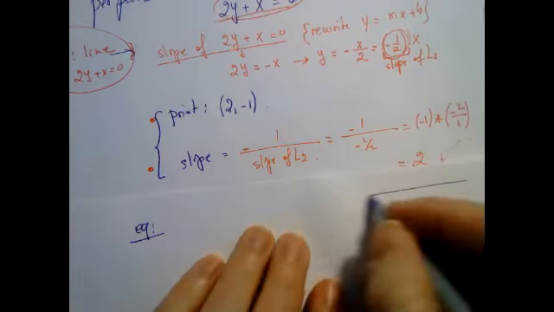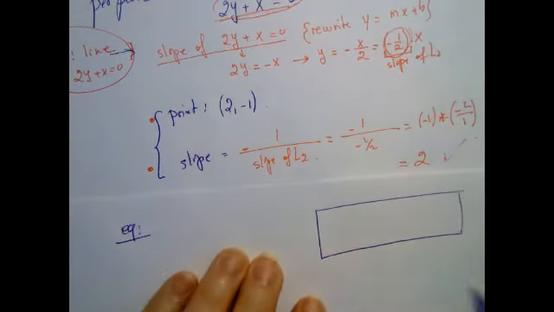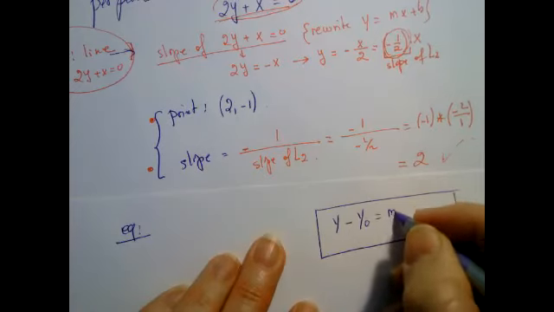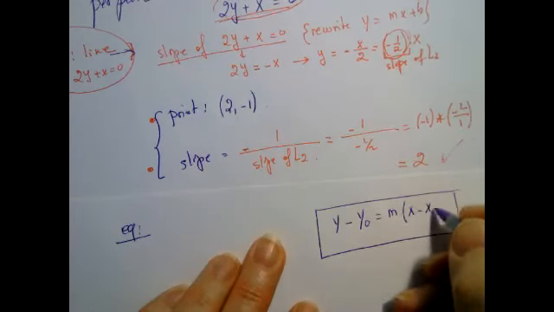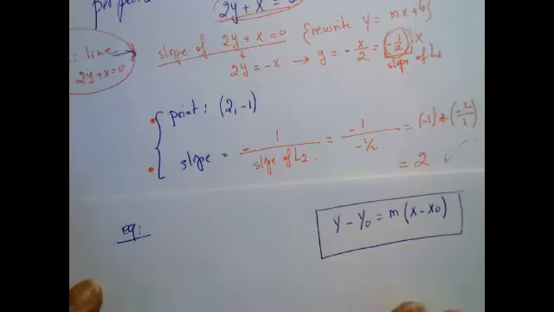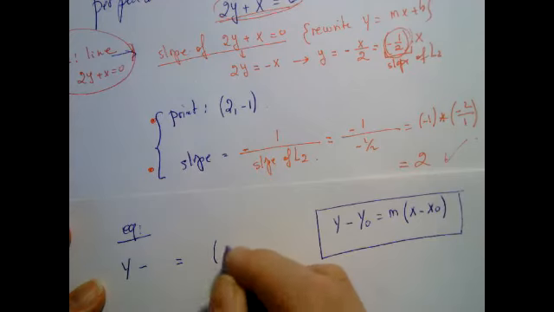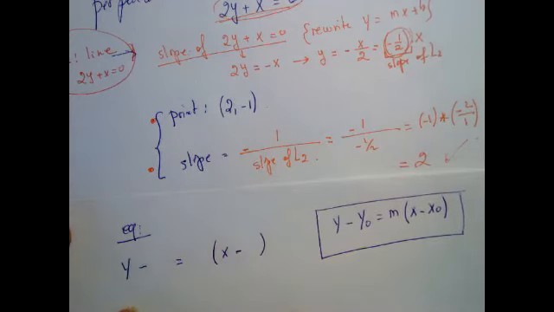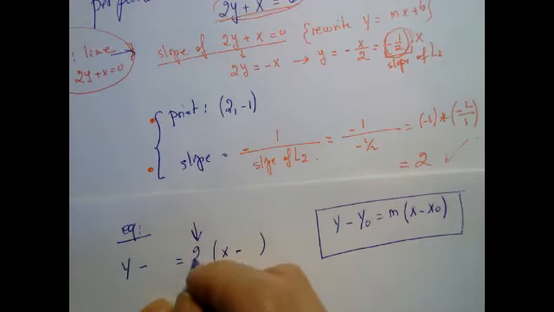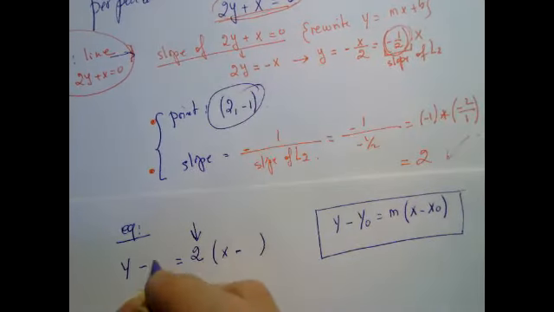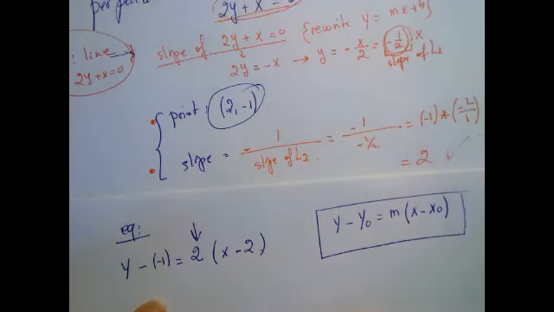Again, I write here the point slope form, which is y minus y0 equals the slope times x minus x0. The slope is 2. The point is 2, minus 1. It means this is minus 1 here, and this is 2.